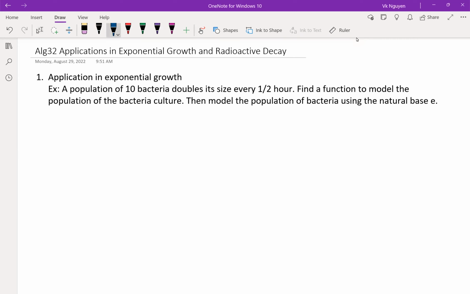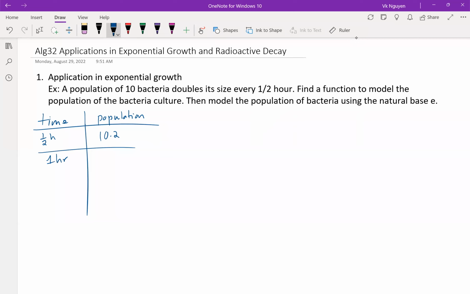To do this one, let's take a look at a little table. Time, population. After half an hour, the population is double, 10 times 2.